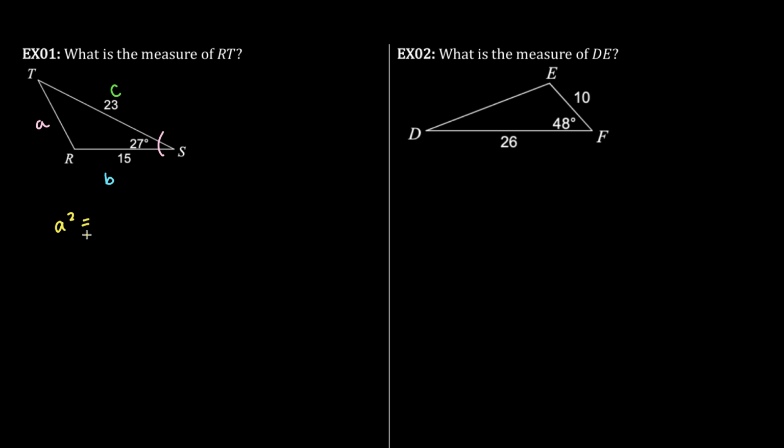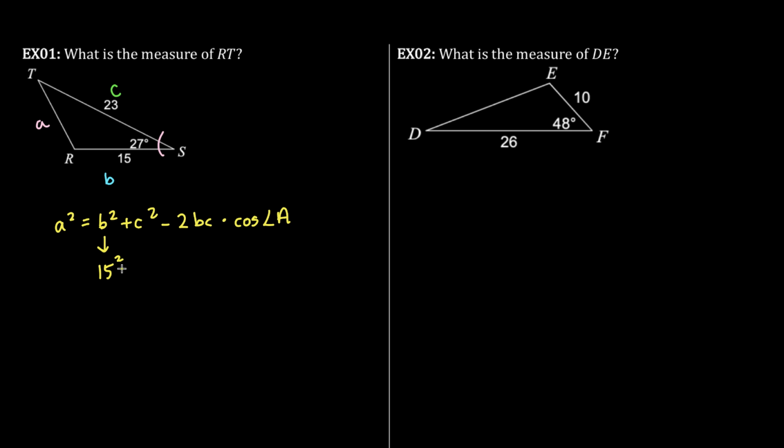So A squared equals B squared plus C squared minus 2BC times cosine of angle A. B was 15.